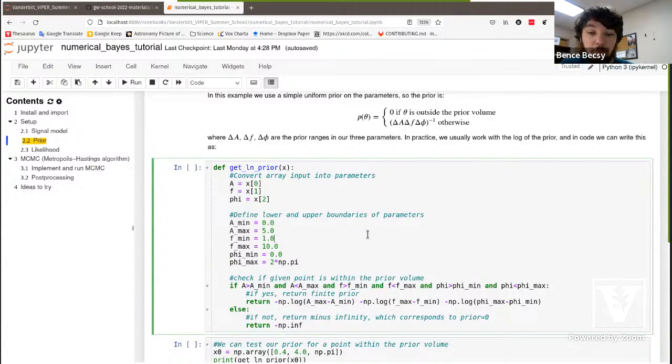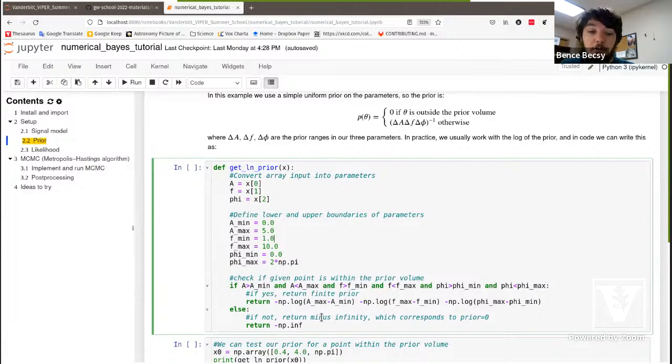The main part of this function is that it checks if these parameter values are within the prior bounds. So it checks the amplitude is larger than the minimum and smaller than the maximum. Same thing for the frequency and the phase.